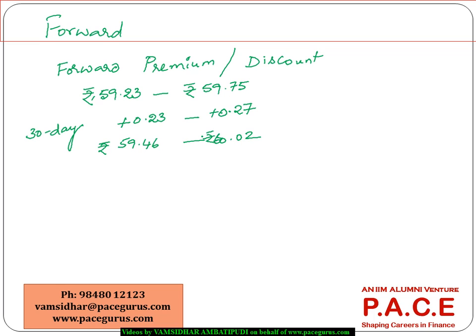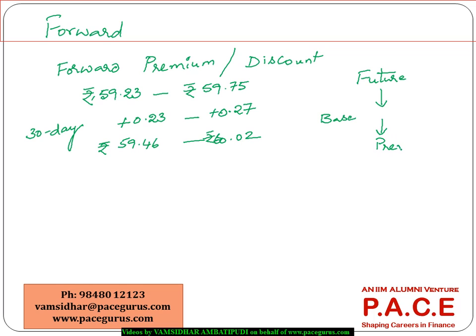So this is how we typically see forward market quotations. Wherever we see that in the future the base currency is going to be priced higher, we say that it is being sold at a premium.